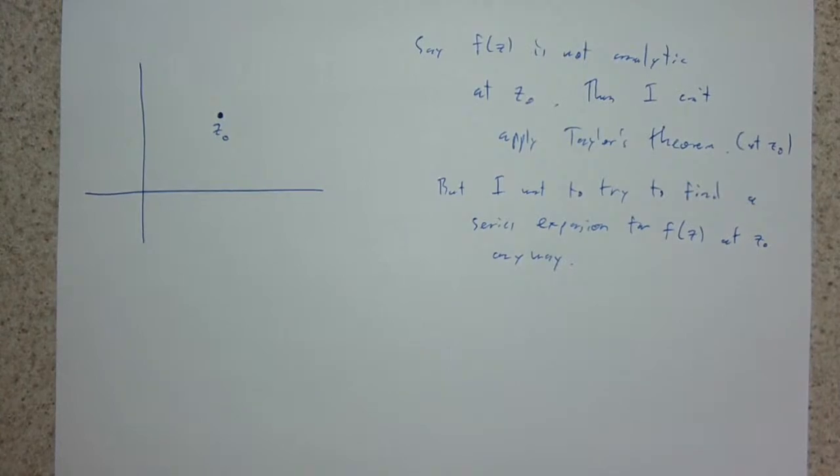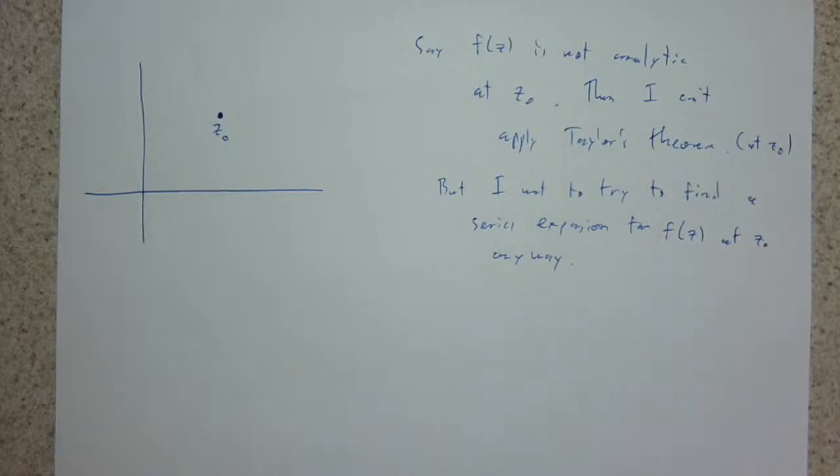Okay, so this is necessarily not going to be a power series, because if it was, it would have to be equal to Taylor's series, and Taylor's theorem would be fine. But here, I know that f is not analytic at z naught. Okay, so I want to find a series expansion for f of z at z naught.